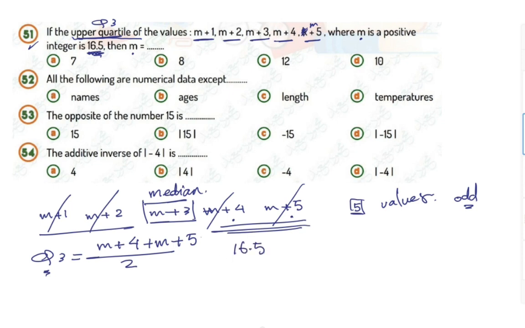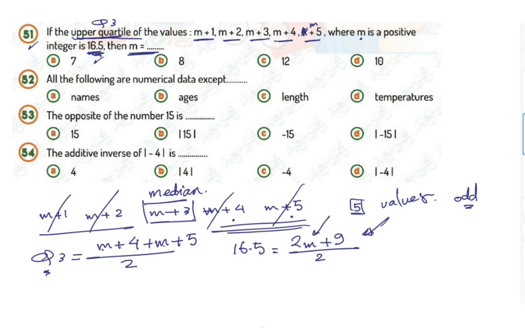Now I know the value of Q3 as 16.5, right? I will make it equal m plus m, that's 2m, and 4 plus 5, that's 9, over 2. All of this we are doing to find the value of m. Now you have an equation with just one variable, m.